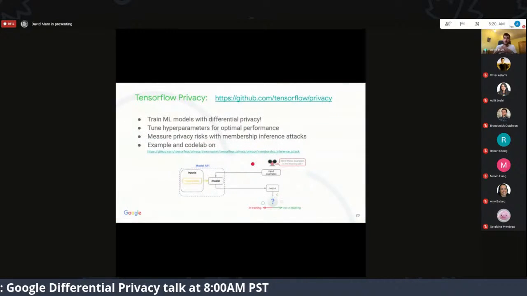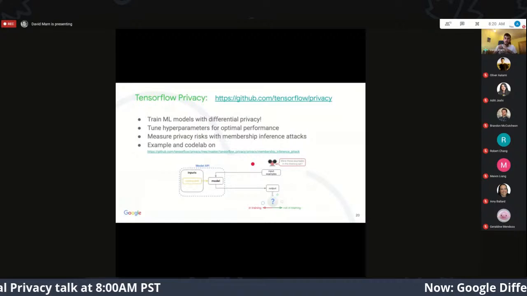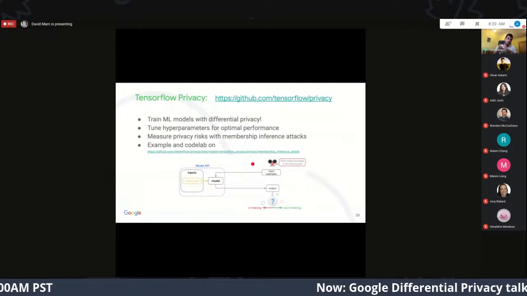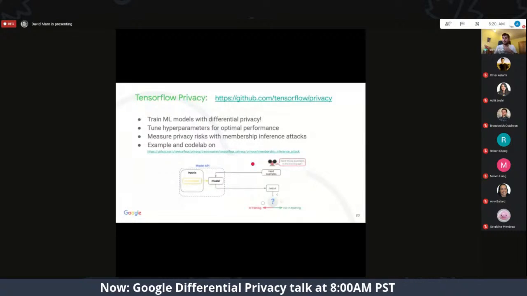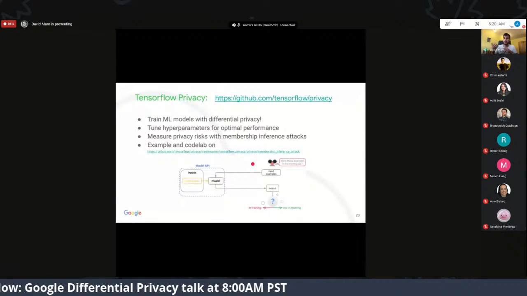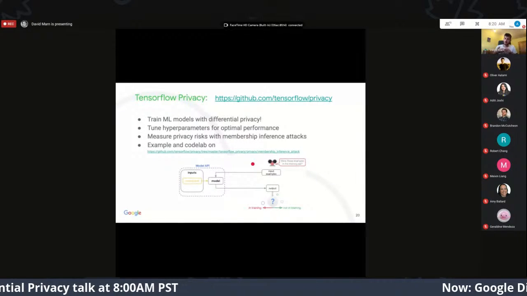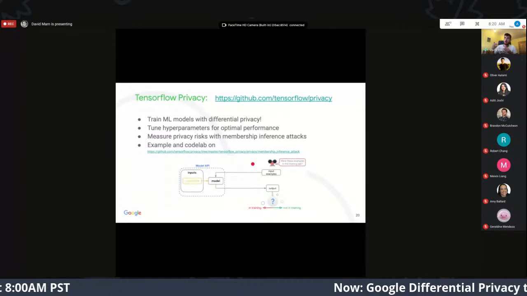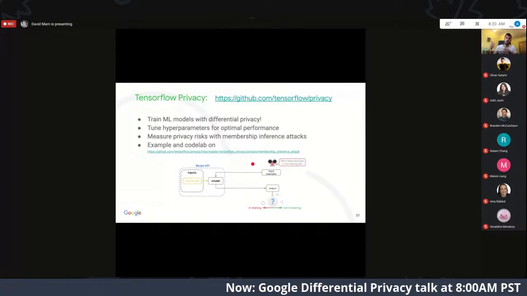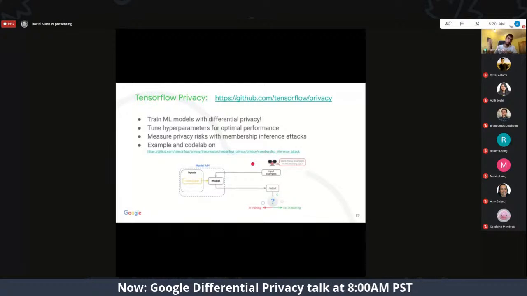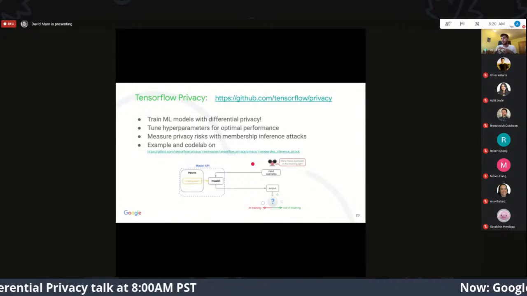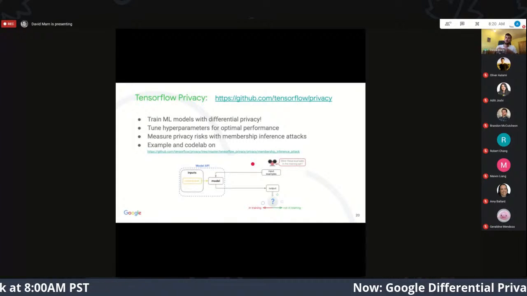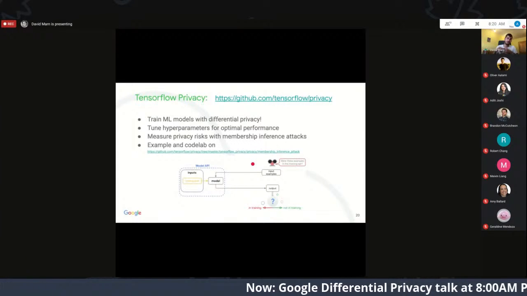So we at Google have published a package inside of TensorFlow called TensorFlow Privacy that allows you to train machine learning models with differential privacy in mind as part of the training procedure. So in this case, instead of using stochastic gradient descent, we use a differentially private version of stochastic gradient descent. For this to work, you get access to a few new hyperparameters.